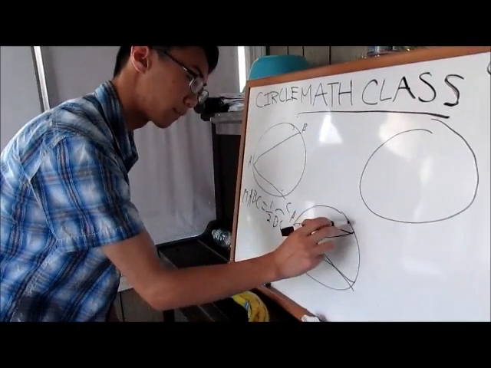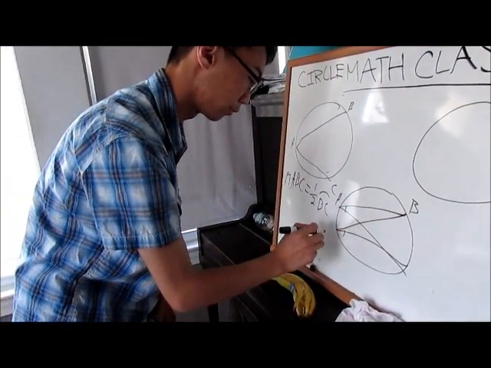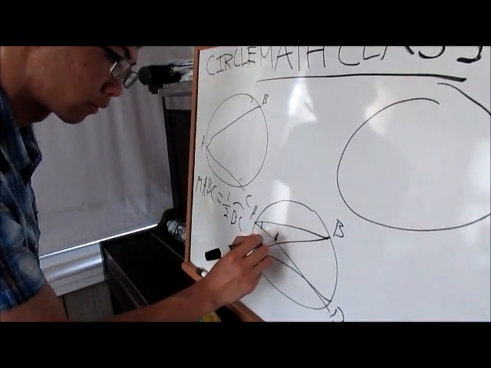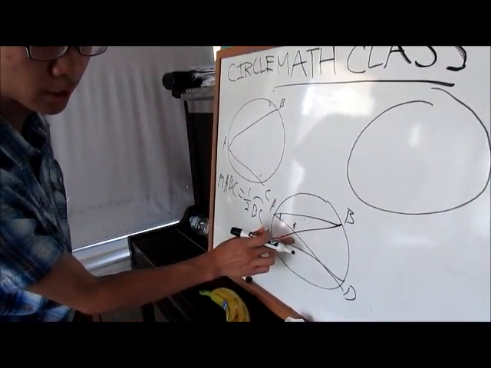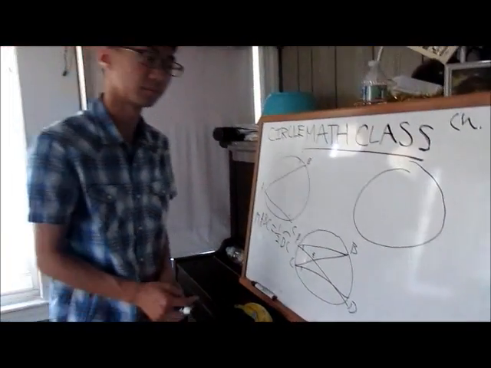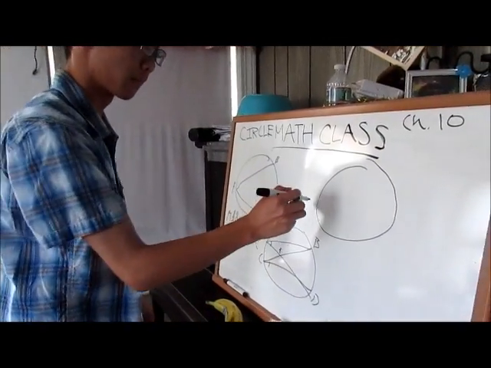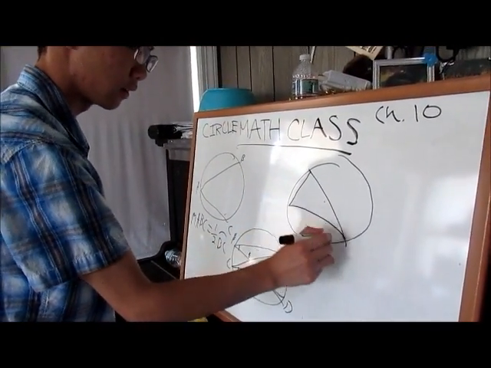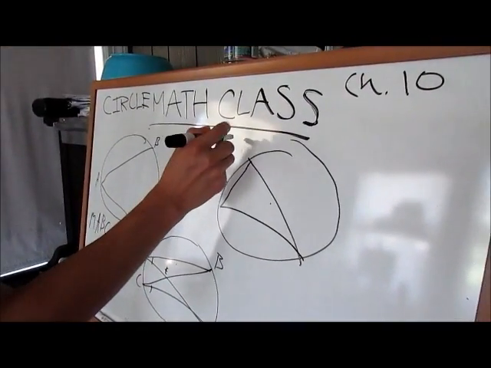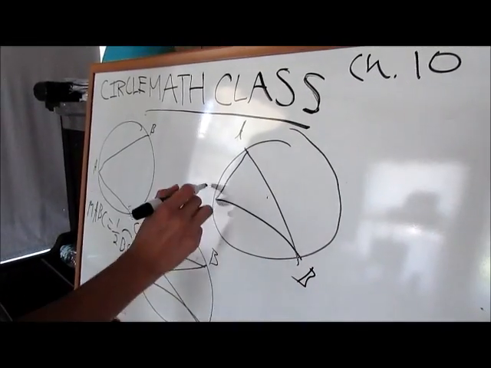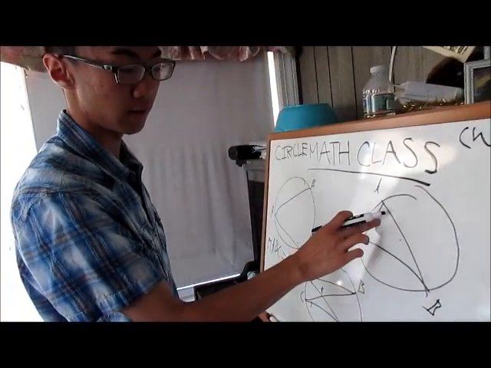So therefore, these two angles are the same measure. And also, you can tell if the triangle is 90 degrees total if this line is the diameter of the circle.